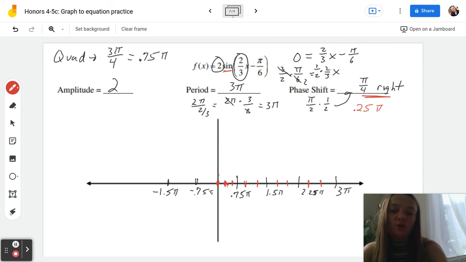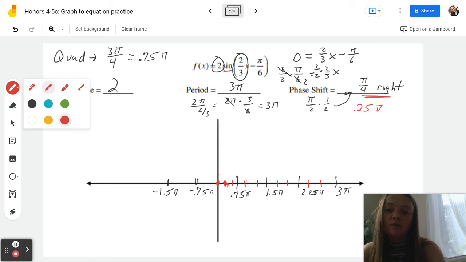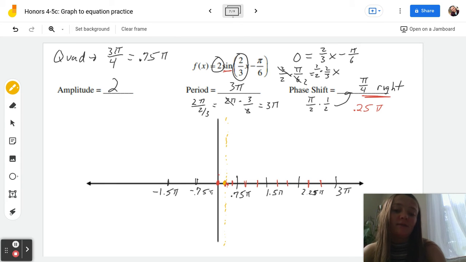Okay, so I'm shifting over pi over 4, which is going to be right here. After that, I'm going to create my quadrant line like this. And then from there, I want to go a distance of 0.75 pi. So this is 0.25, 0.5, 0.75, right here.